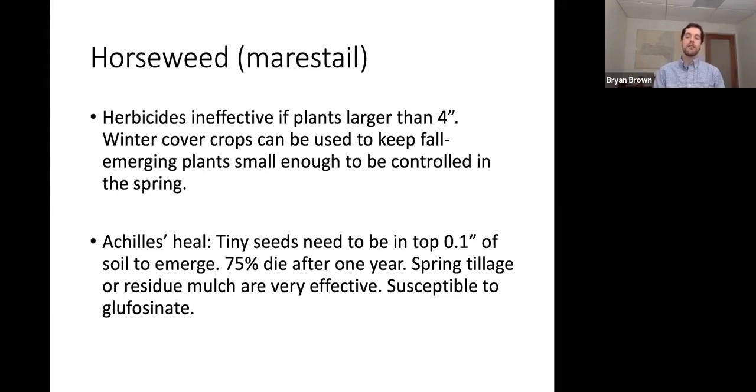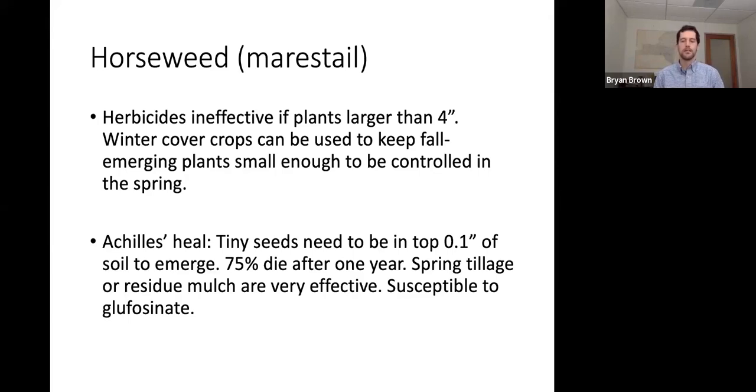But really, I think the main Achilles heel of horseweed is that it has these tiny seeds which have almost no energy. They can barely emerge out of the ground, and only if they're in the top 1/10 of an inch of soil. So any kind of tillage to bury these will be very effective. And each year, 75% of the seed dies in the soil.